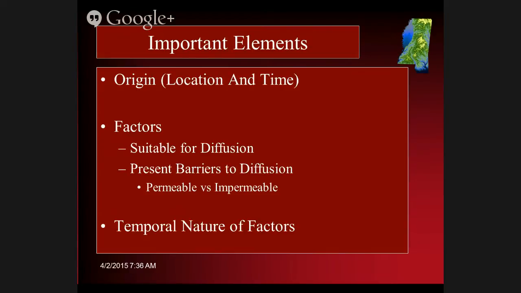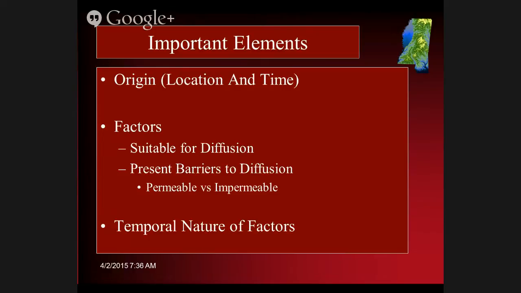And another important element is if any of your factors have a temporal nature to them, like for example, what we're going to do in the lab today, we're going to model the growth of a plant diffusing over space, and that plant actually won't grow in certain weather conditions. The temperature gets too low. We can't use annual precipitation to model the growth of that, because at some point it would be able to grow, and at some points it will be dormant.